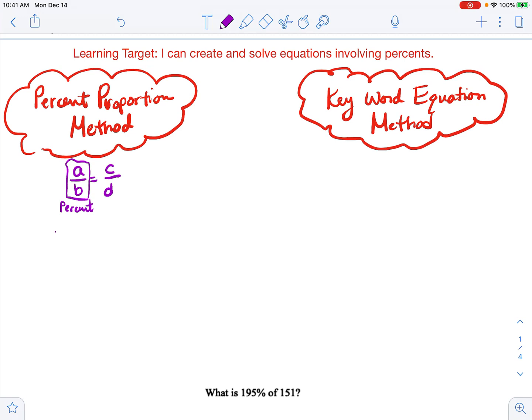Remember that the word percent means out of 100. So the first fraction is going to be whatever the percent is over 100. And that's going to be equal to part of some number over the whole of some number.